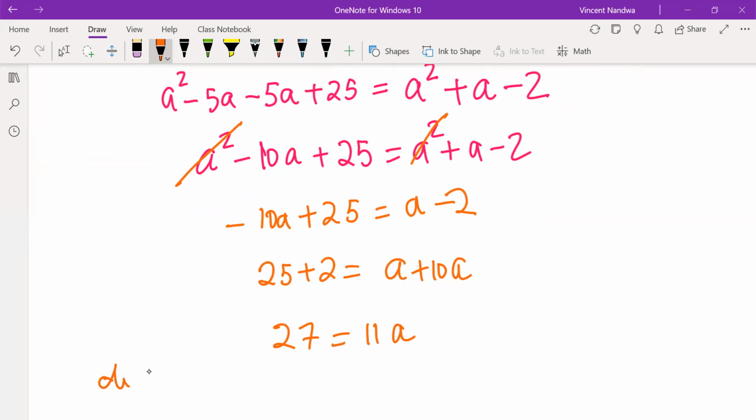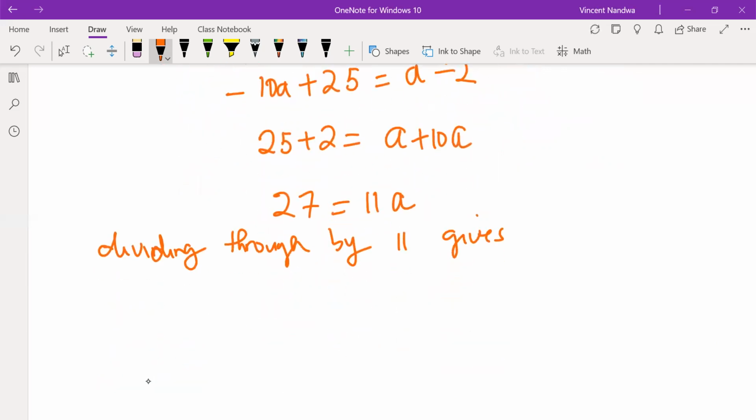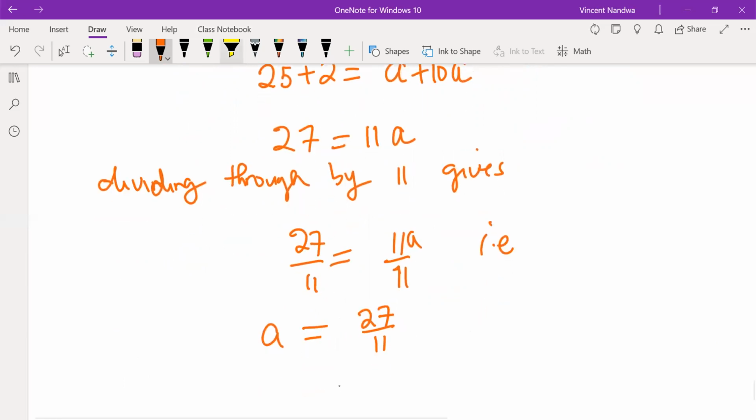So dividing through by 11 gives 27 over 11 equals 11a over 11, which means a is nothing but 27 over 11. So that's how we solve that particular problem.